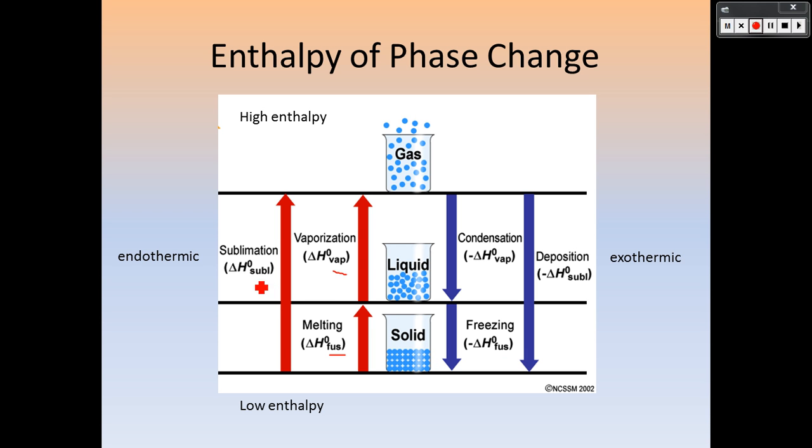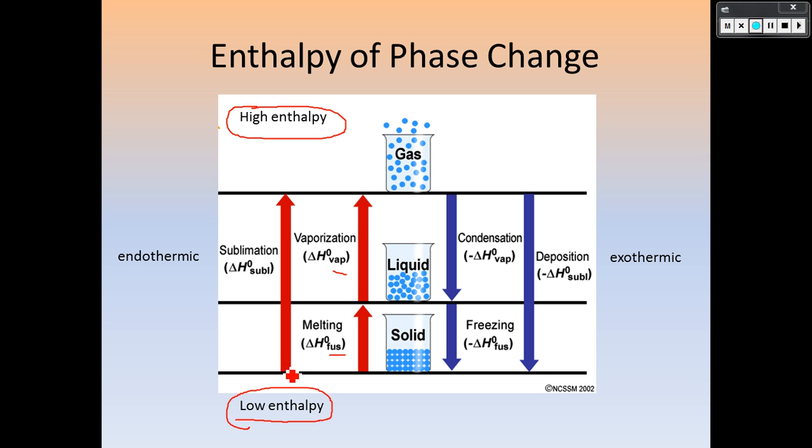And then we have sublimation, going directly from solid to gas, and deposition, going directly from gas to solid. And this actually was a chart I took offline, and it had a great arrow here that said enthalpy, but they had misspelled the word enthalpy, so I took that arrow out and just put in here we have low enthalpy, here we have high enthalpy.